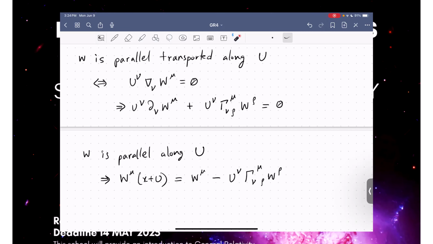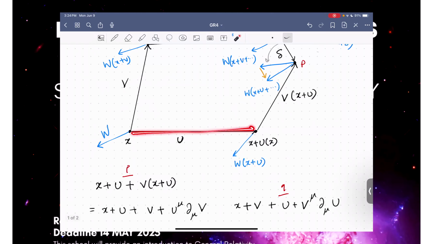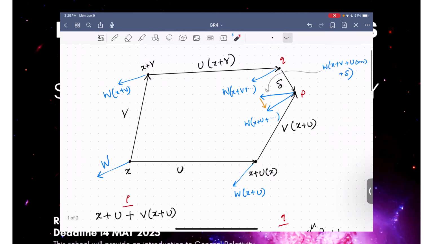There's another question. Does this transportation happen along a curve, a straight path, or a path that obeys the geodesic equation? Okay, that's a good question. This transportation is happening along the direction of a vector. So it's neither necessarily straight nor a shortest path. It's a completely arbitrary path.